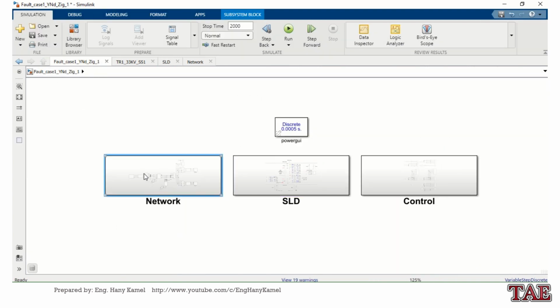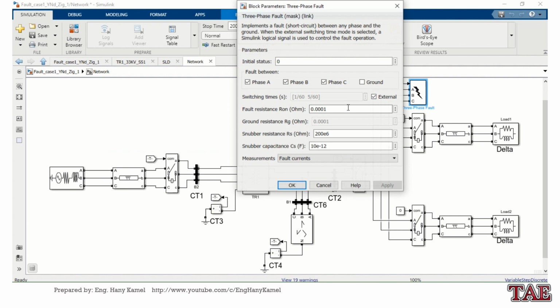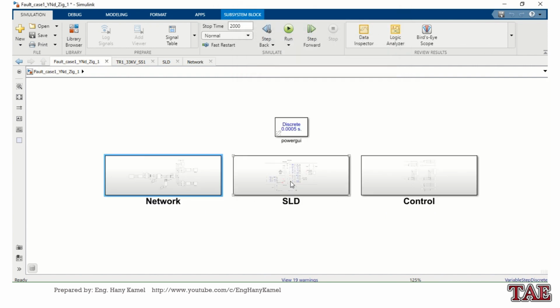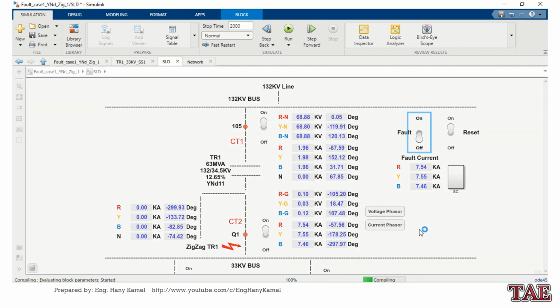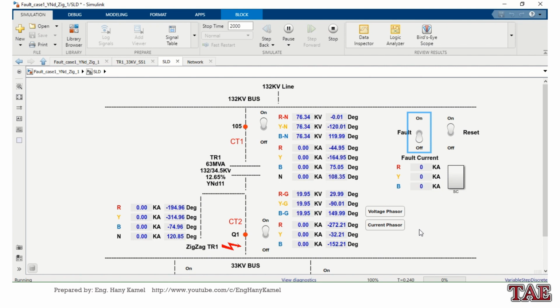I will move to the next fault, and it will be a phase-to-phase fault. Now I will start with the normal case. Now our system is normal.